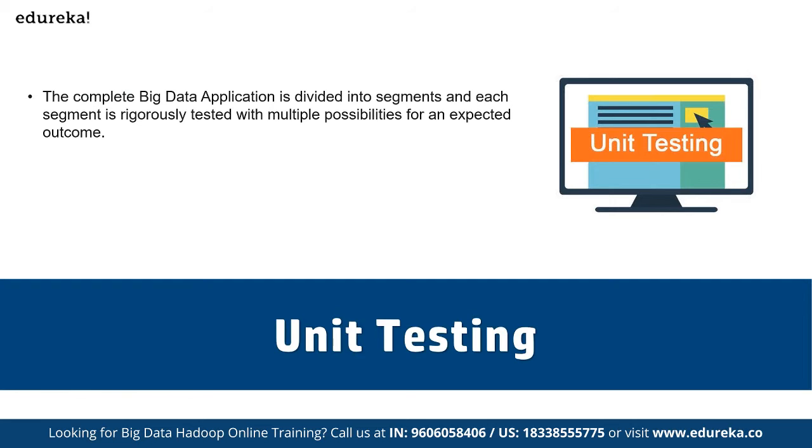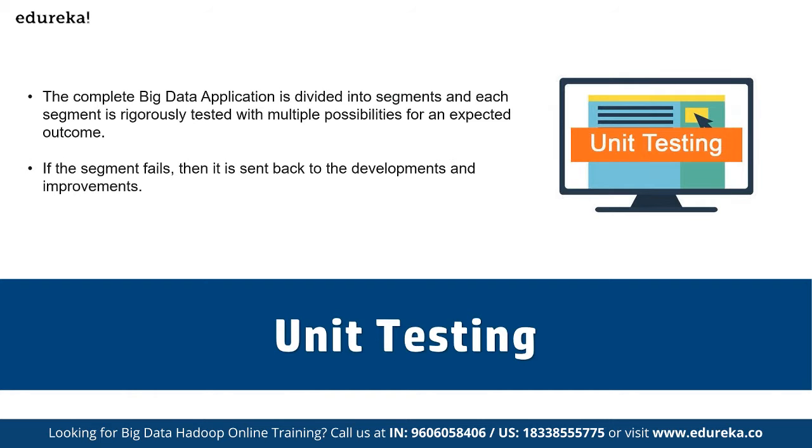The complete big data application is divided into smaller segments, and each segment is tested thoroughly with multiple possibilities for an expected outcome. If a segment fails, it is sent back to development for improvements.